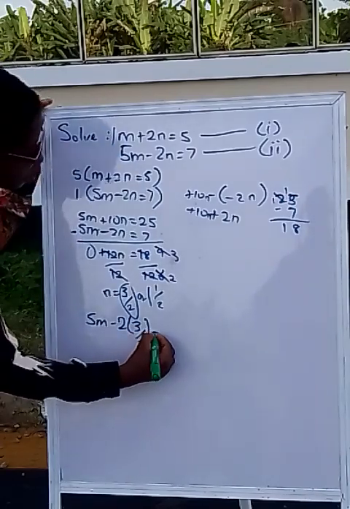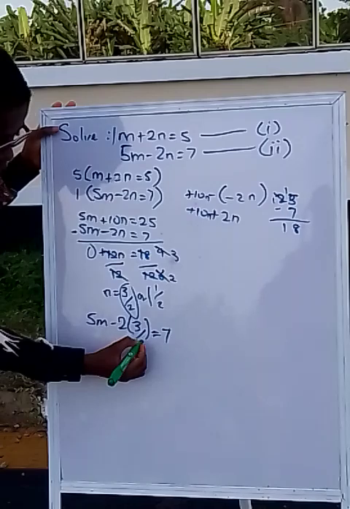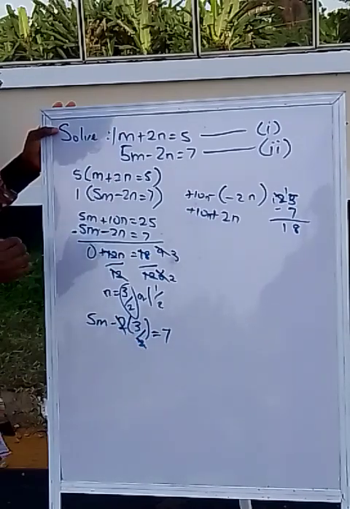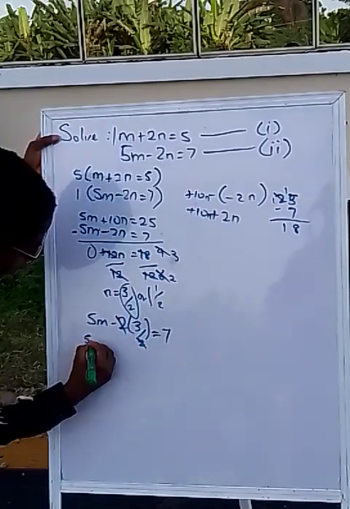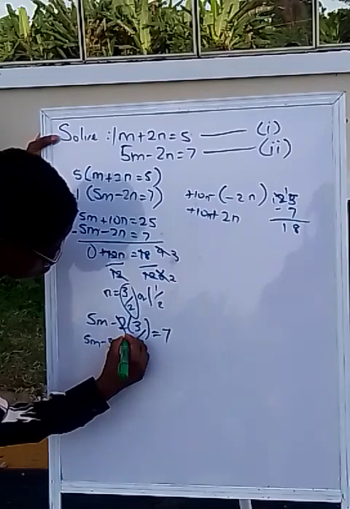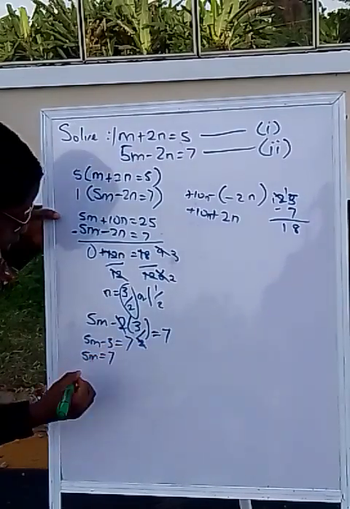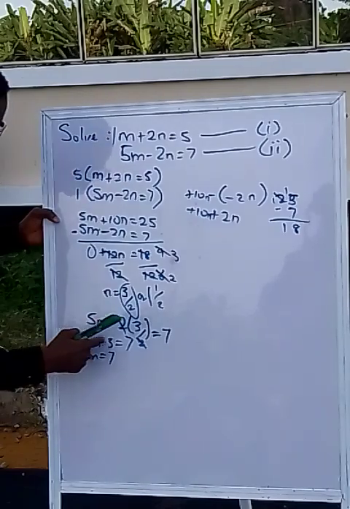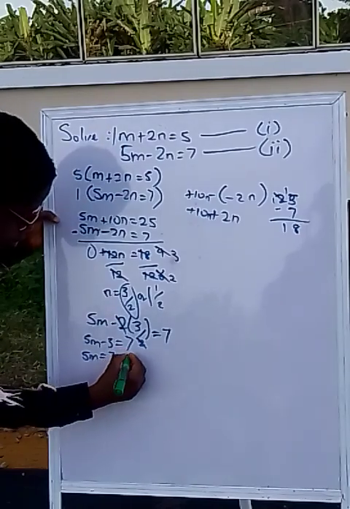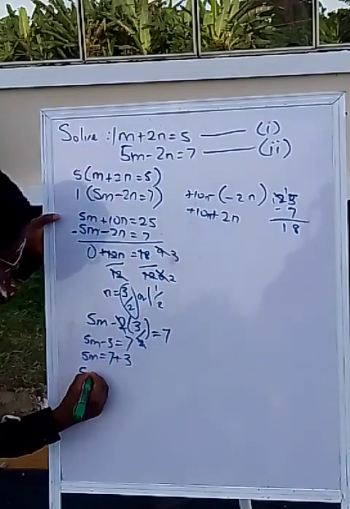So the 2 here cancels the 2 here. So we are left with 5m minus 3 equals 7. So our 5m is equal to 7; when minus 3 crosses to the other side, it becomes plus 3. So our 5m is equal to 10.